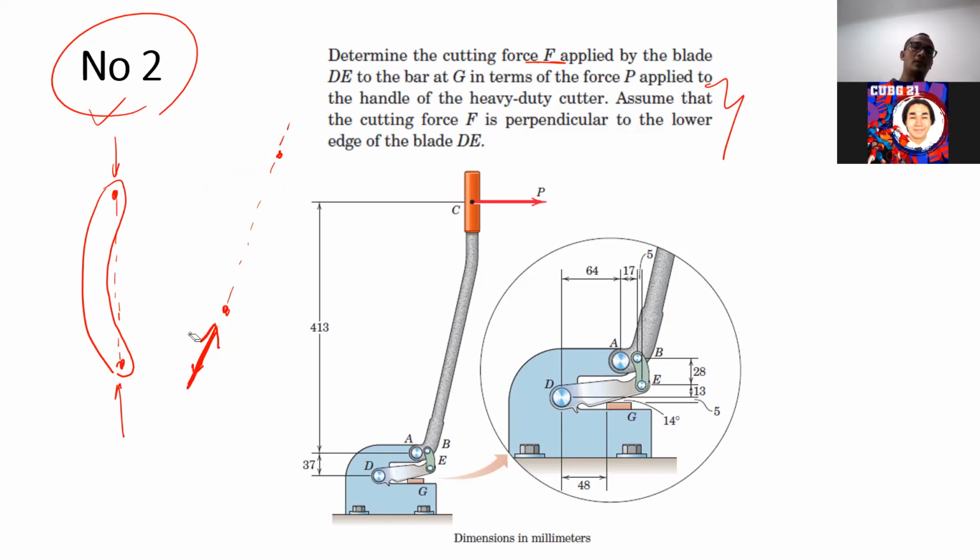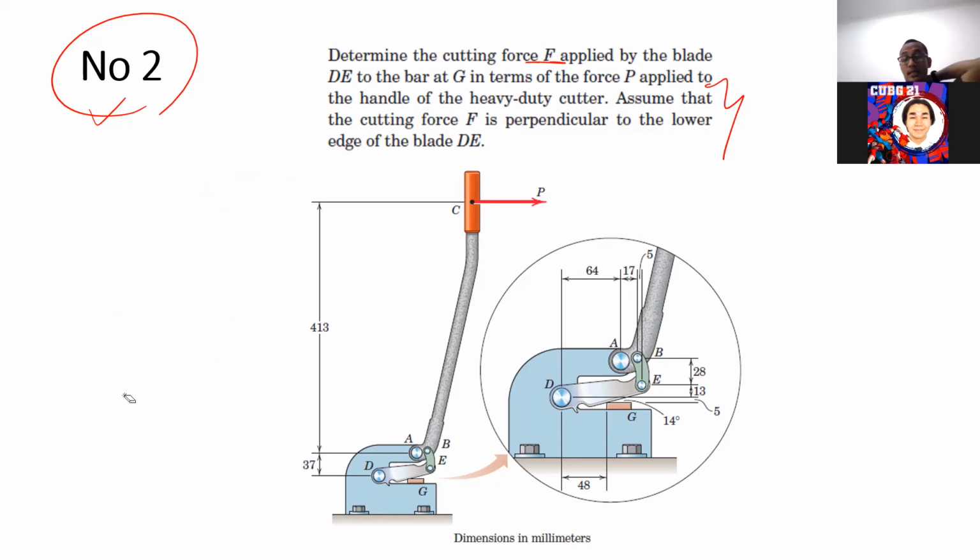And if we take a look at this particular problem, in my opinion, the most problematic thing about this is the dimension. Apart from that, it's supposed to be okay. If we do it in sequence, what you're supposed to solve first is this particular member ABC.